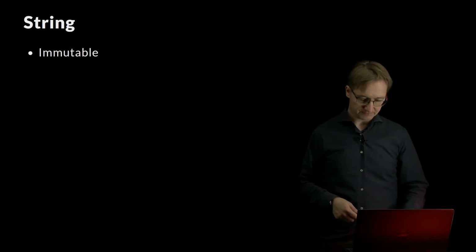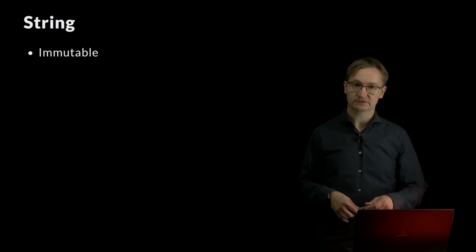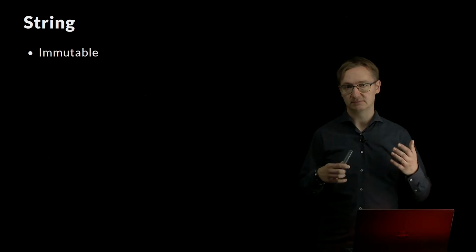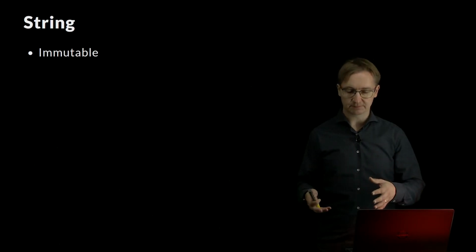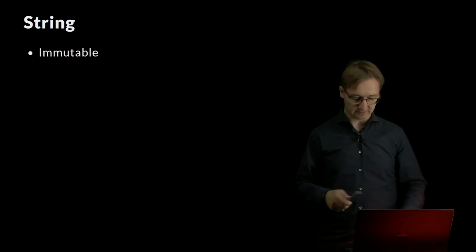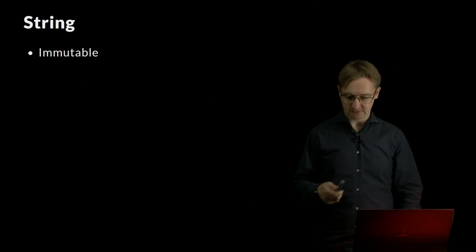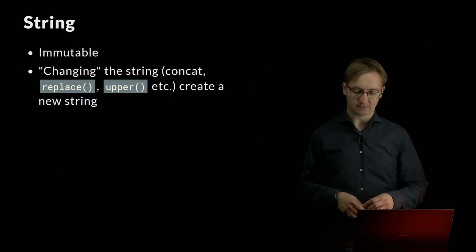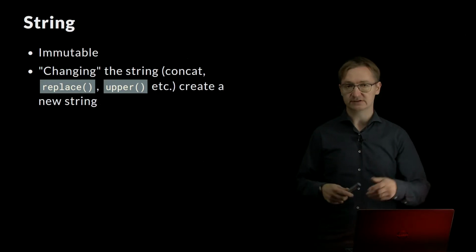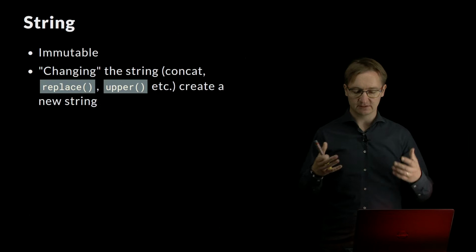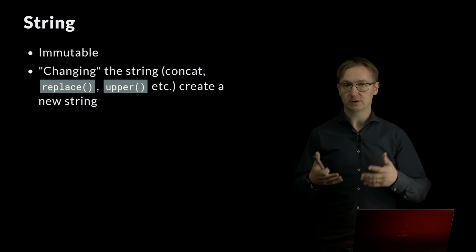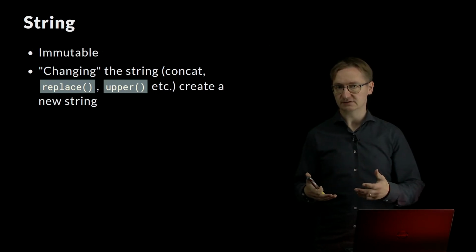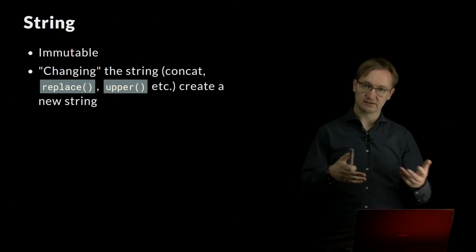So a string. A string is an immutable data structure. What it means is that I can create a string, but I cannot change the value during my program execution. The changing actually creates a new string. So for example, if I concat two strings into one, this is not changing the string, this is actually creating a new string.